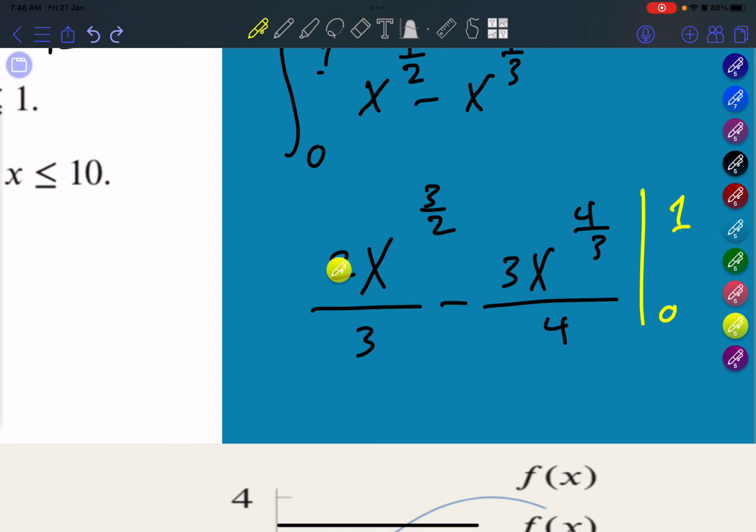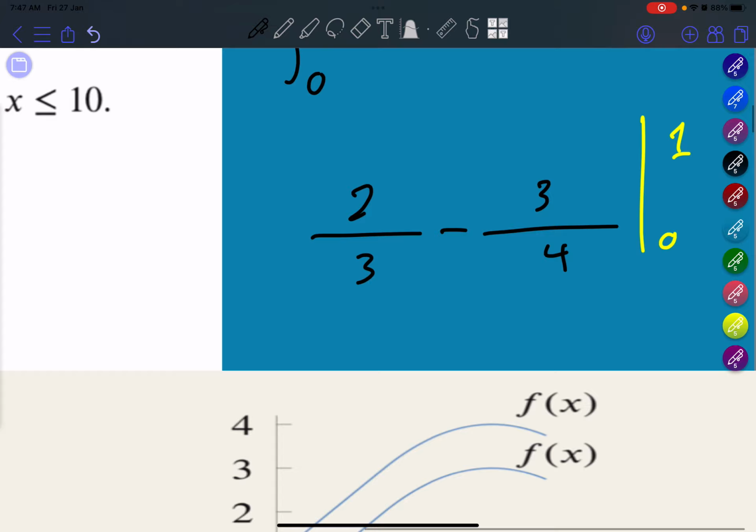But if we sub in 1, 1 power 3 over 2 will still be 1. So 2 times 1 will be 2. And 1 power whatever is still 1. And 3 times 1 is 3.